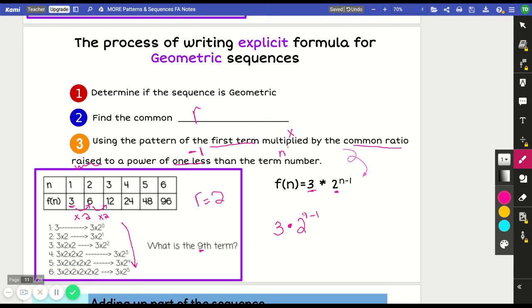So now I solve this equation here. 3 times 2, this turns into 2 to the 8th. Okay. And 2 to the 8th is 256. And 256 times 3 is 768. So that would be my 9th term.